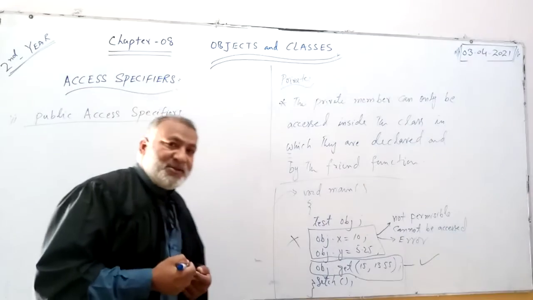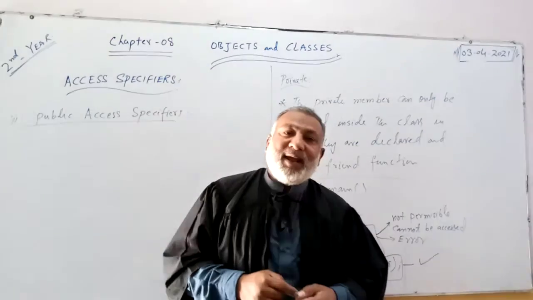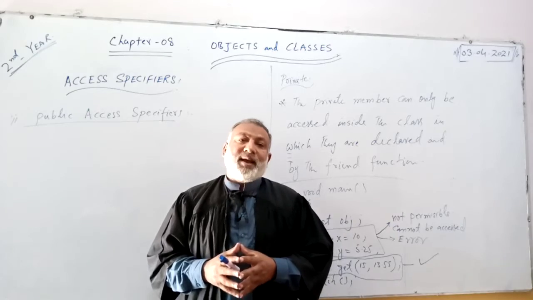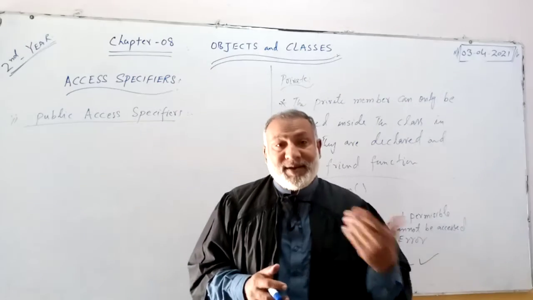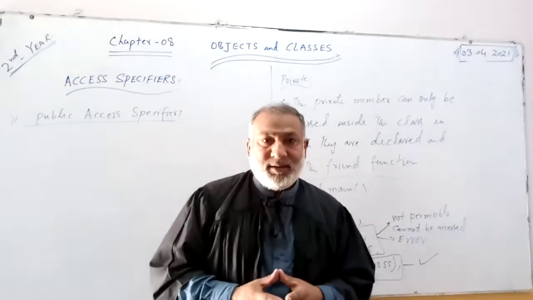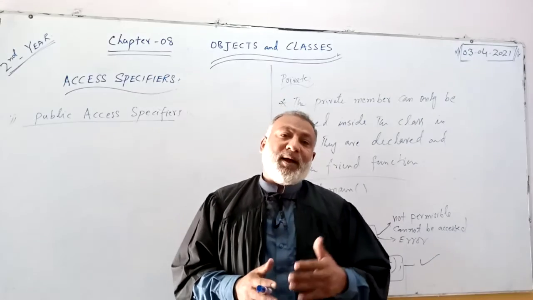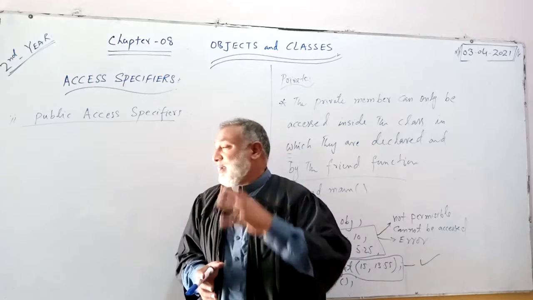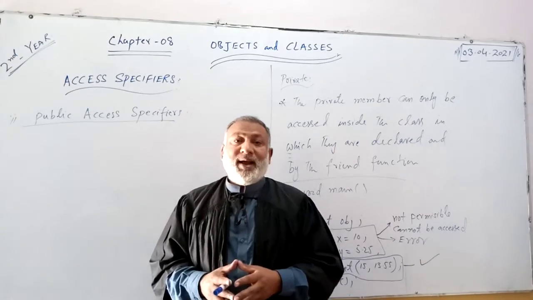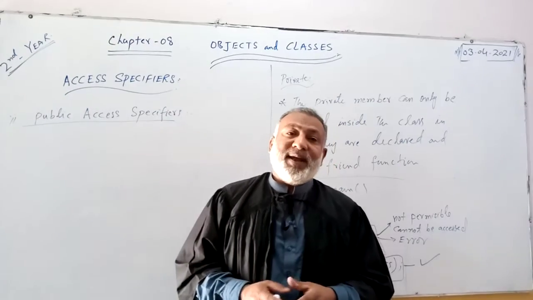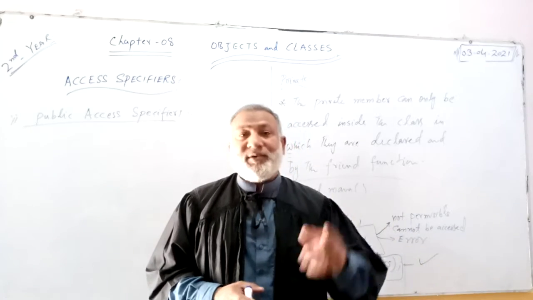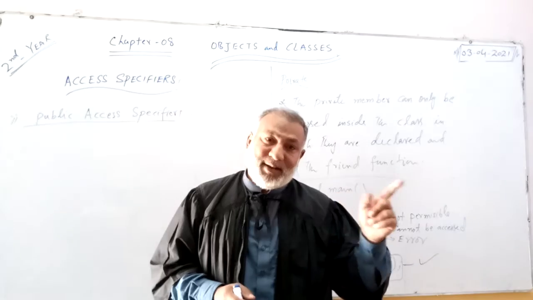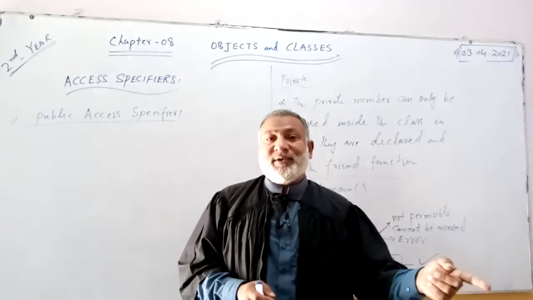The public access specifier can be accessed inside the class in which they are declared. They can also be accessed by the derived class of that base class. If it is a parent class, its child class can access the public members of the class, and the public members can be accessed inside the main function as well, and by the friend function as well.